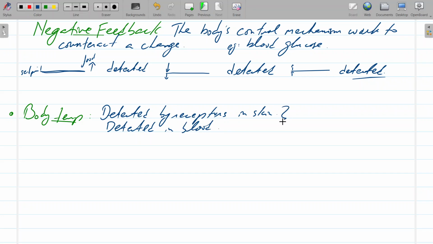So both of these, and the signal, because we talk about receptors, so the sensory impulse goes to the brain.